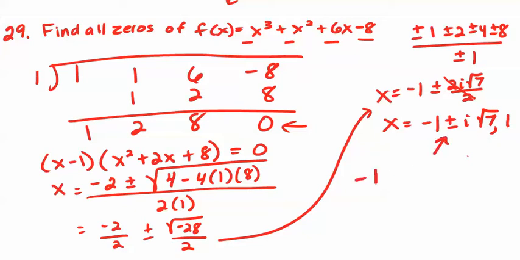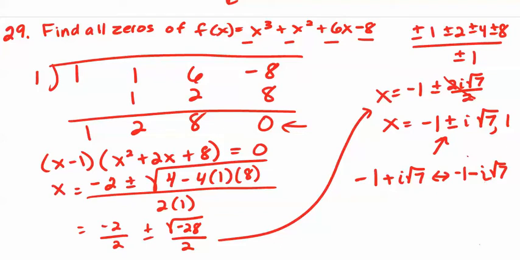And this is a good time to remind you that we learned that if a polynomial has 1 complex 0, then it has 2, because they will always travel in conjugate pairs. So if negative 1 plus i radical 7 is a 0, then so is negative 1 minus i radical 7.